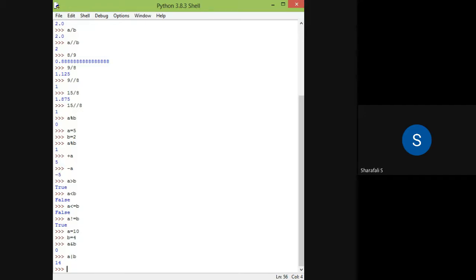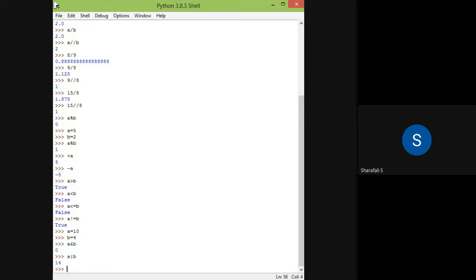Then next you have 1 and 0, that will be ORed, so the result is 1. Then the next bits are 0 and 1, again we get 1. Then the last one is 1 and 0, so we get 1. So 1, 1, 1, 0 will be the answer. 1110 is 14. That equivalent value will be 14.